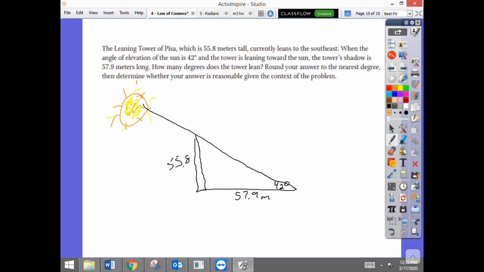We want to know how much the tower leans. So really what we're thinking about here, let me get a different color: if this were horizontal right here, we want to know what that angle is right there. It's leaning just slightly. So what we need to actually find is this whole angle right there.